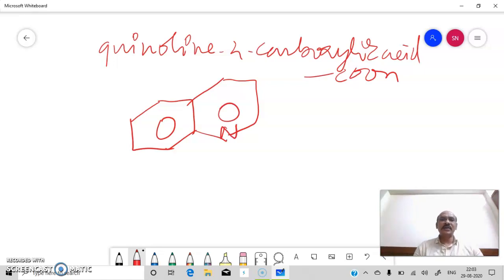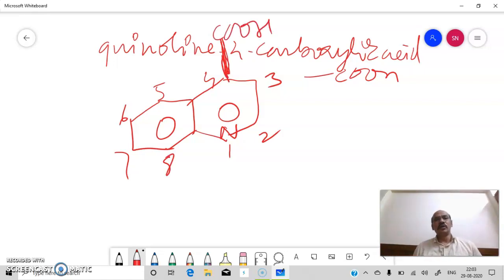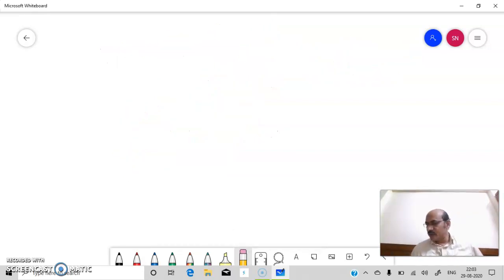Nitrogen is at the adjacent position with respect to the benzene ring. So 1, 2, 3, 4, 5, 6, 7 and 8. And to the fourth position you have to write the COOH group. So it is quinoline 4-carboxylic acid. So like this you can draw structures if the name is given.